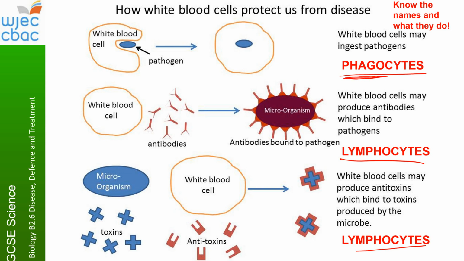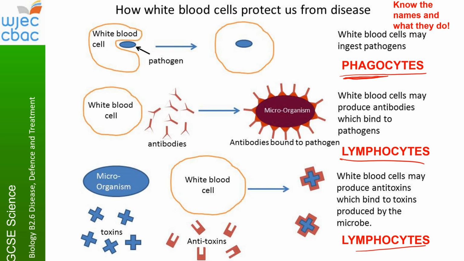A phagocyte is a white blood cell that ingests pathogens. So our pathogen here is represented by our blue blob, and our white blood cell can change its shape and actually surround the pathogen and engulf it, and as we saw in the animation, add enzymes, lysozymes to digest it inside the white blood cell and then eject the waste material.